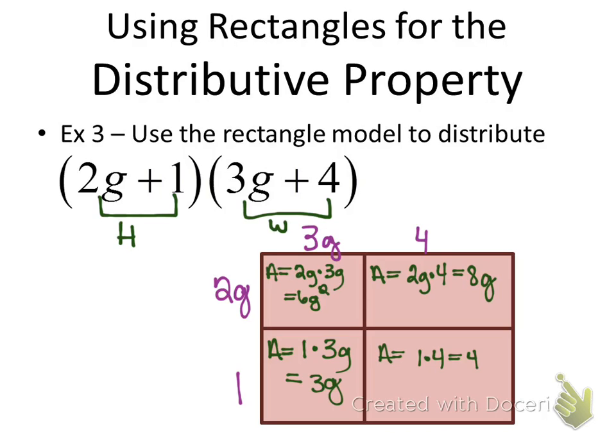Now we have a lot more numbers to work with this time. So I'm going to come up to the right. I'm going to put 6G squared, plus the area of each section, plus 8G, plus 3G, plus 4.